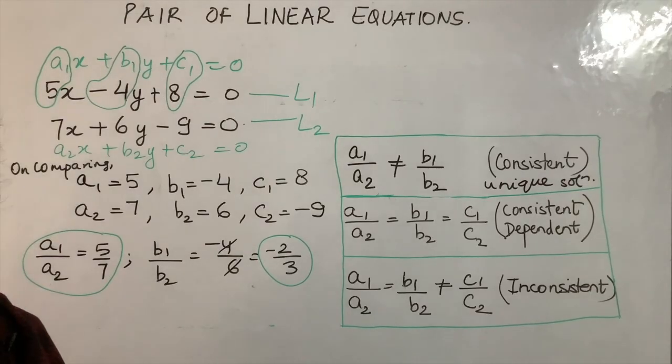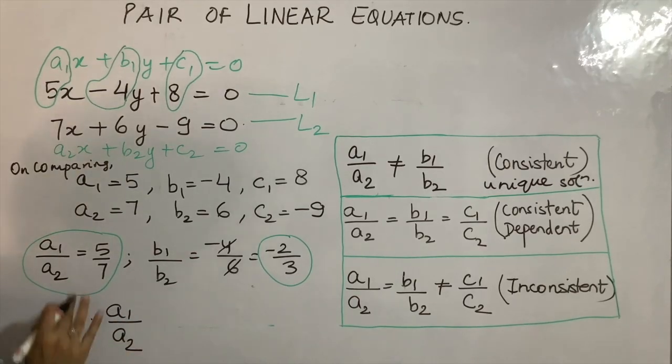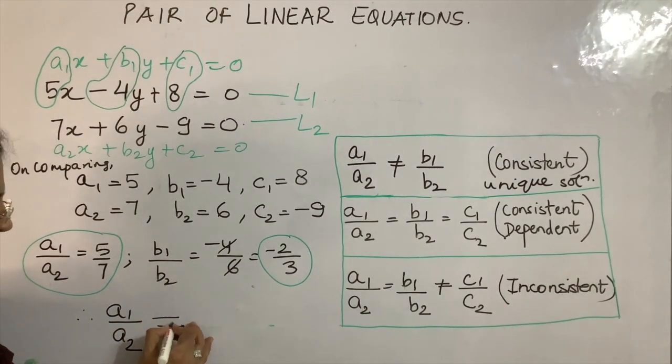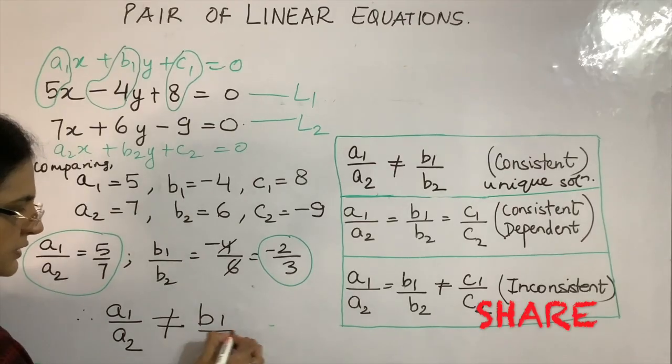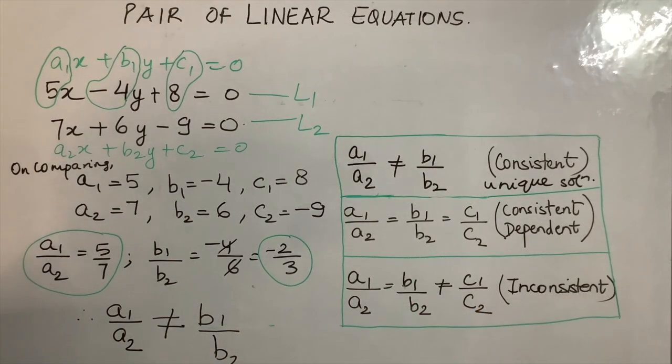Are they both equal? No, they are not equal. So a1 upon a2 is 5 upon 7 and b1 upon b2 is minus 2 upon 3. So a1 upon a2 is not equal to b1 upon b2 in this case.